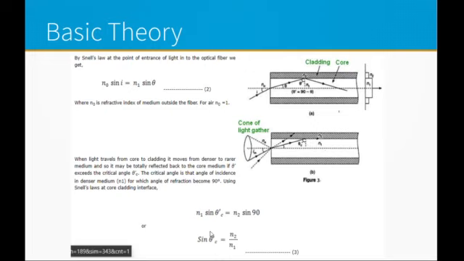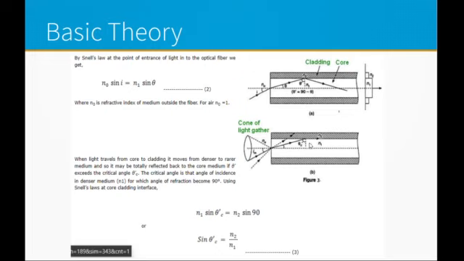So considering that condition, I am trying to apply Snell's law at the core cladding interface where the angle of incidence is theta dash, at the condition when the angle of refraction is 90 degrees.